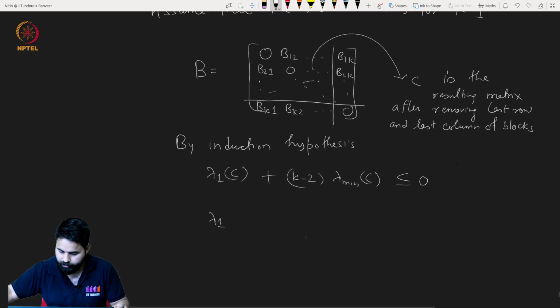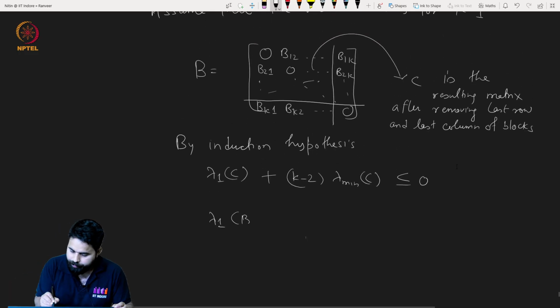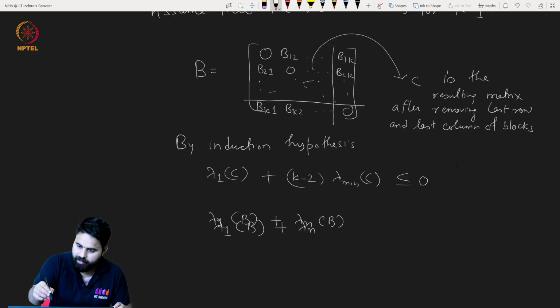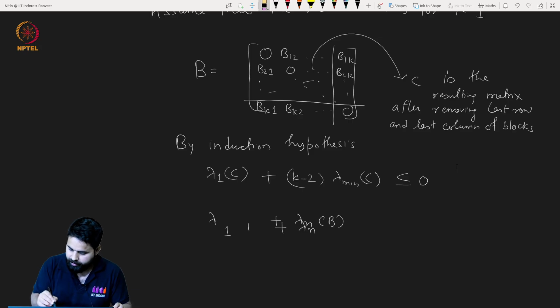So lambda 1 of B plus lambda n of B is, okay, very good.